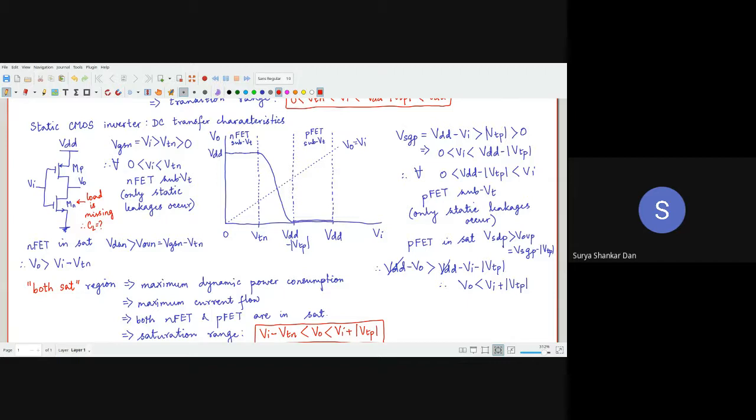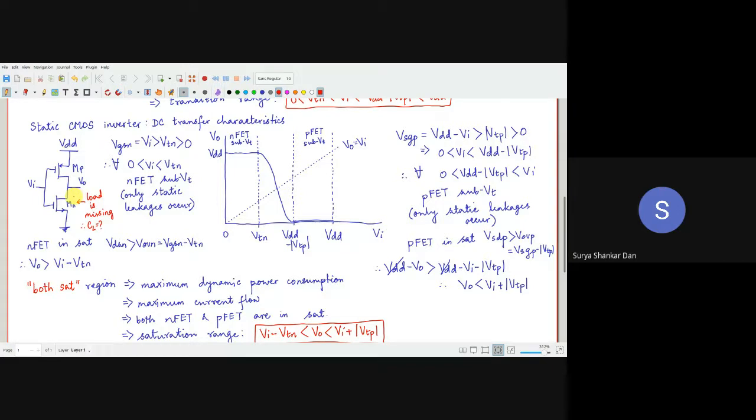In analog IC design, we speak of DC and AC, right? Here, why is it DC transfer characteristics? Because we have not included any capacitance component over here, so we are not able to capture anything related to high frequency.